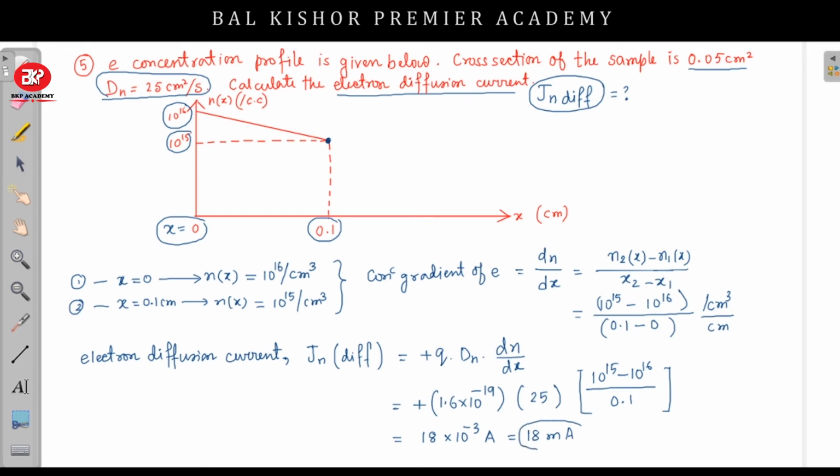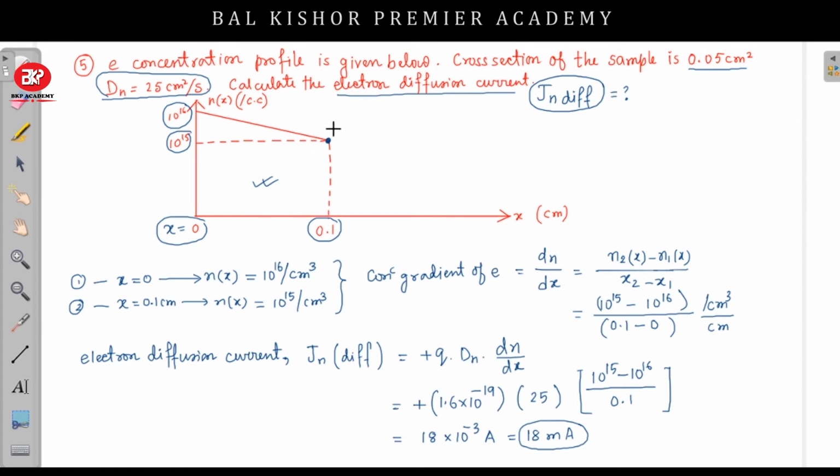So this is the diffusion electron current density due to this concentration profile. This is how we can calculate the electron diffusion current density due to this profile. So let us see the next problem. This was the second problem.